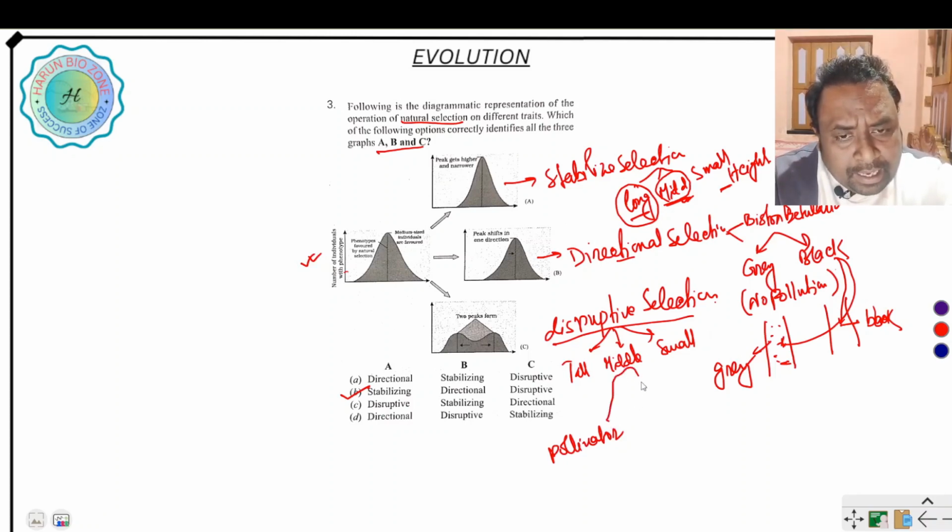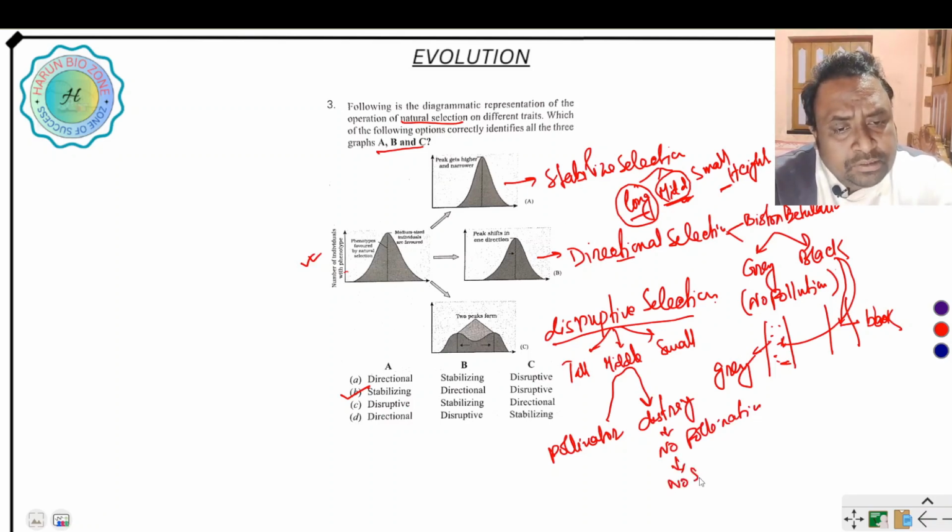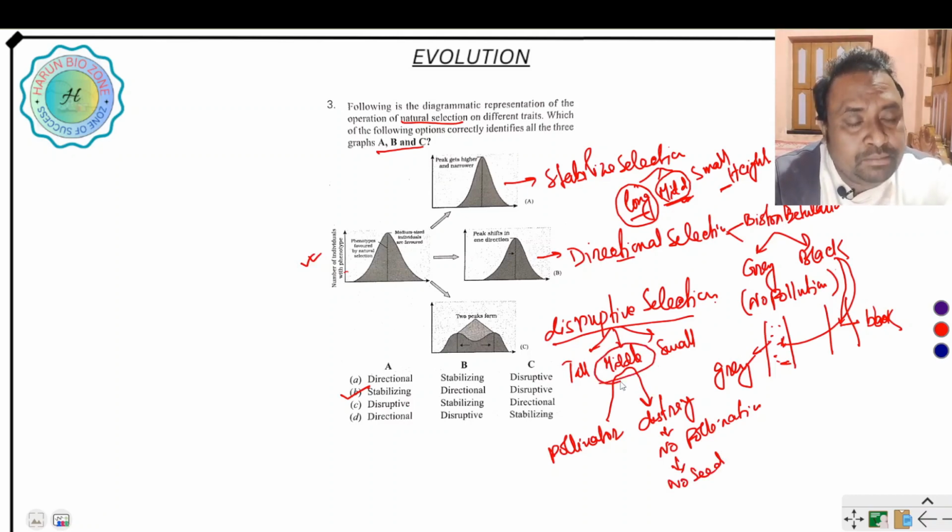If the middle height plant's pollinators are destroyed or die in any region, there is no pollination, which means no seed formation, so after a few years the middle plants are destroyed. So the tall and small survive but the middle does not survive. This is called disruptive selection.